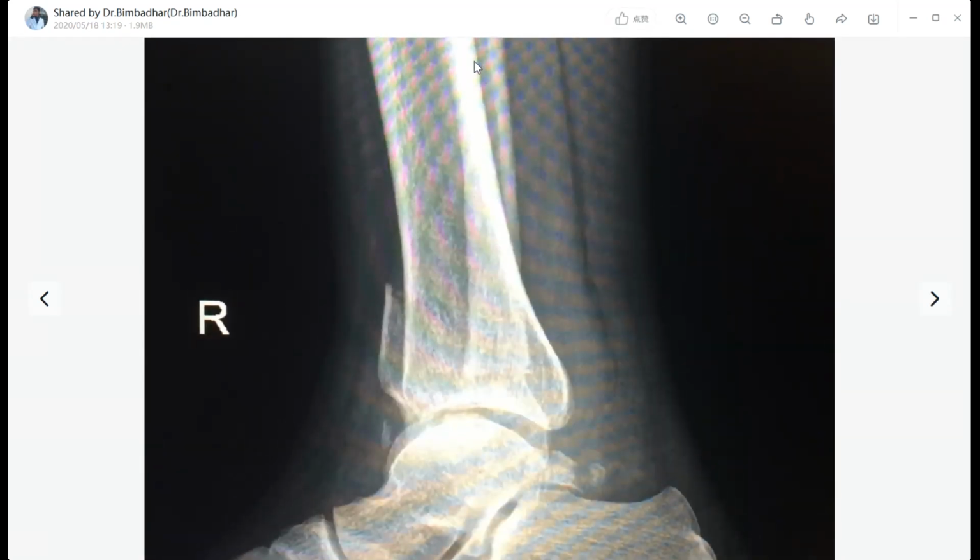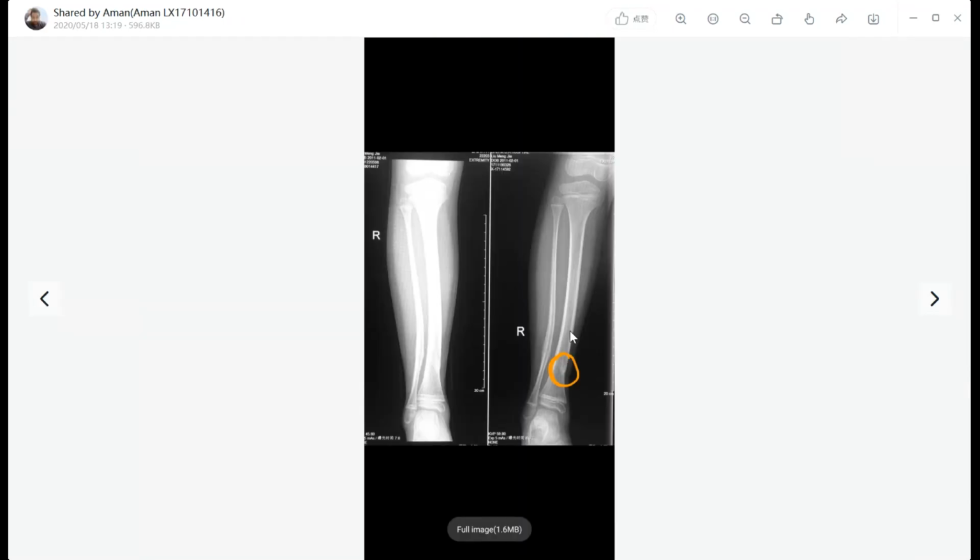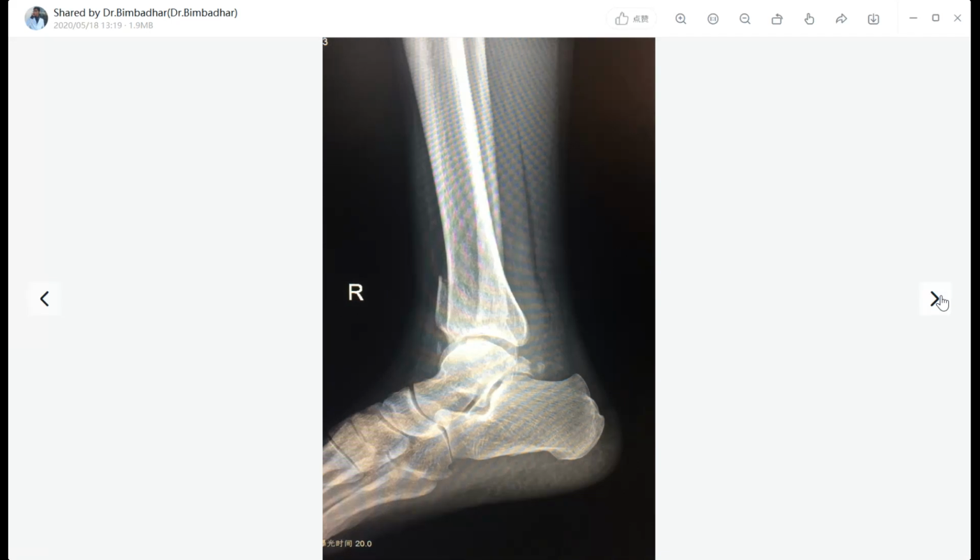Okay, right? Sorry, just a second. This one actually, I'm trying to look at the component that is present down here. So this is what I'm looking at on this lateral side here.